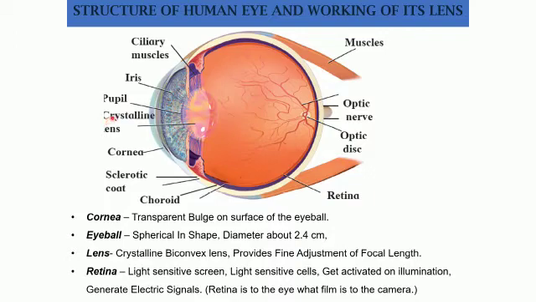Now actually the opening of the pupil is under the control of the iris muscles. The muscles of the iris control the amount of the pupil that opens or becomes small.